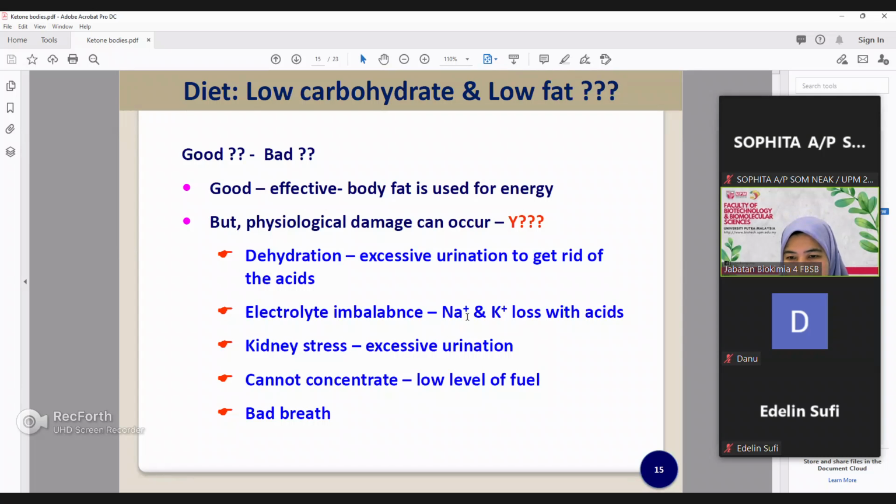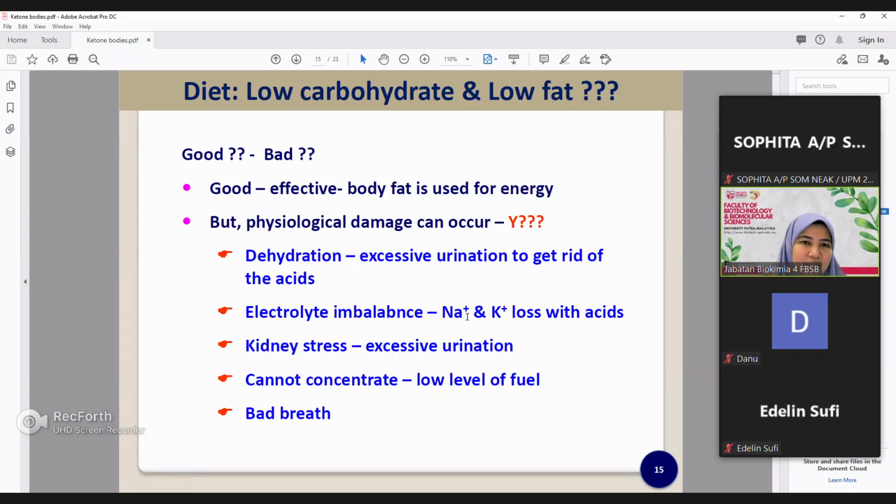This one, if we discuss in terms of diet, if we have low carbohydrate and or low fat. Belum lagi kita discuss on keto diet. When you have high fat and low carbohydrate, is it good? Is it bad for you?